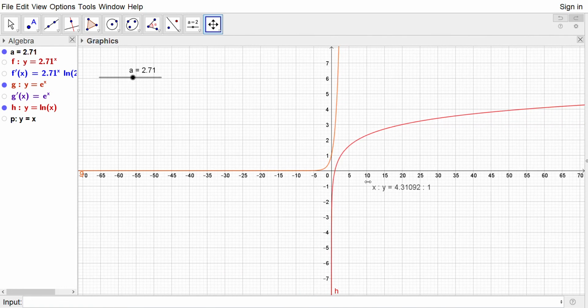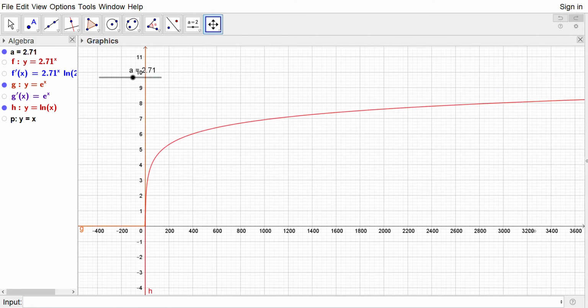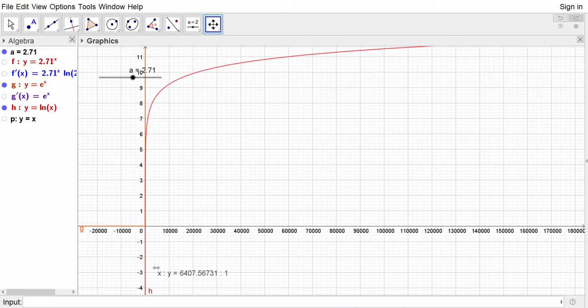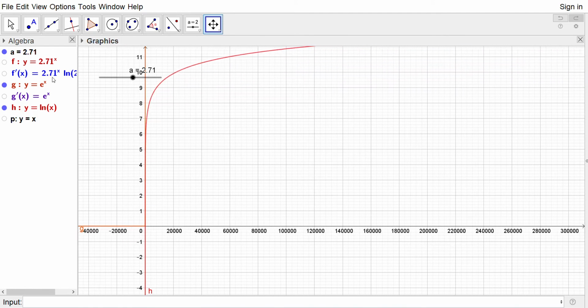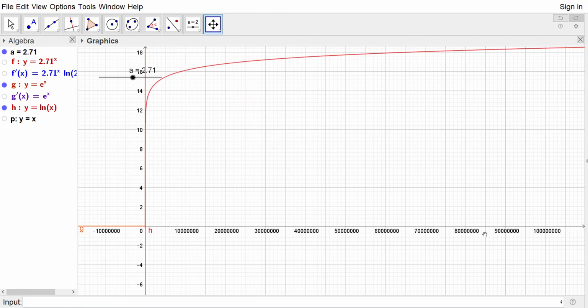And also, I can eventually get as high as I want. It's just that this graph grows really, really slowly. So there is no limit above. It just takes a very, very long time to reach a great height. So you can see by the time we're at 300,000 on the x-axis, we're only just above 12 on the y-axis. We can get as high as we want, it just takes a very long time to get there.